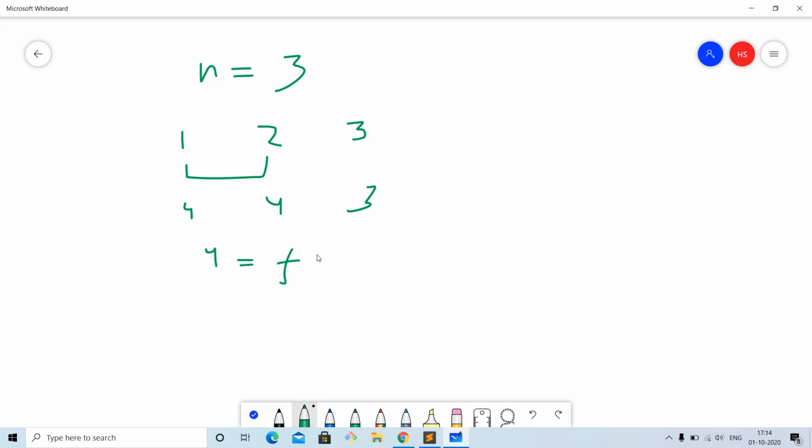When n is equal to 3, let us make the array, which is 1, 2 and 3. Now we have three different numbers, but we want to achieve at most two different numbers. So what we can do is take this 1 and 2 and set both of them to, let us say, 4 and 4, and then this is 3. Remember that we have assumed that this 4 is equal to the mapping applied on these numbers 1 and 2.